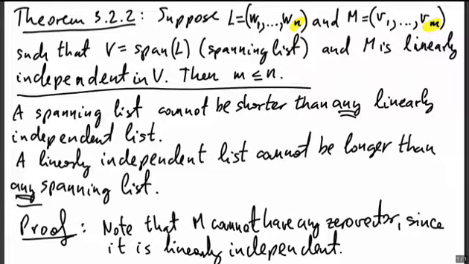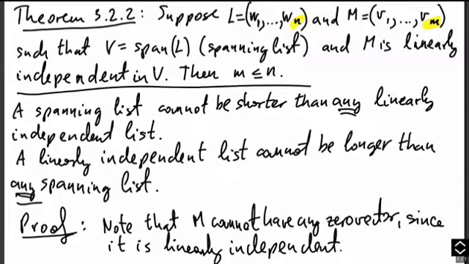At some point it becomes dependent, and it will be sooner or at the same time where you get a spanning list. So this is related to how we can build up bases very soon. The process is that we manipulate the list L by adding and subtracting vectors.